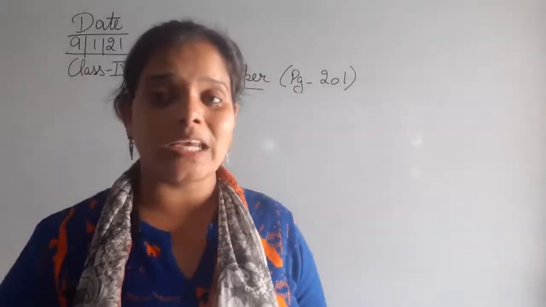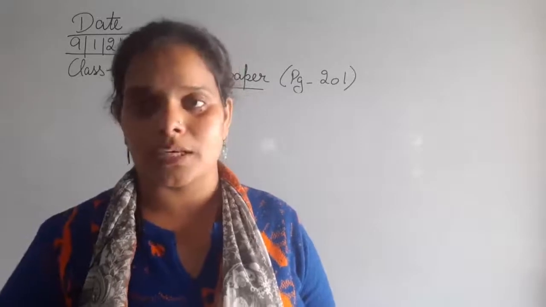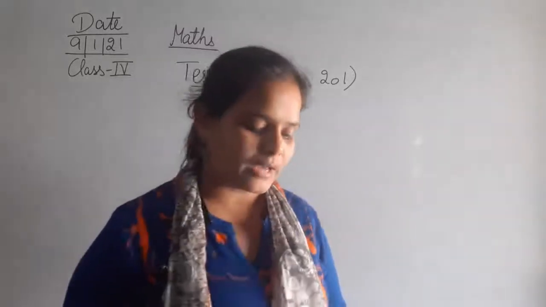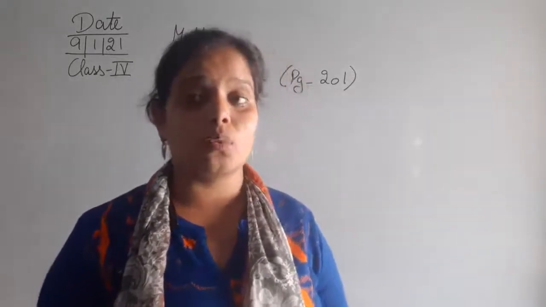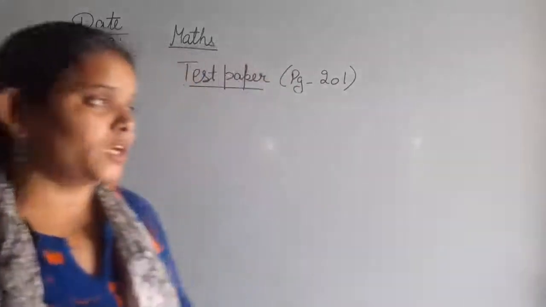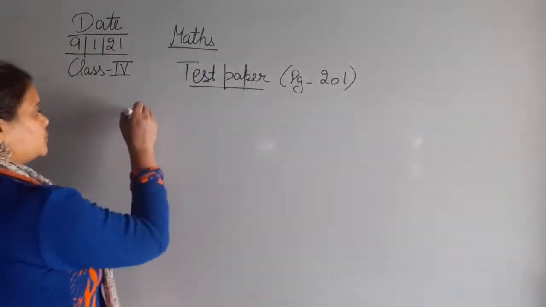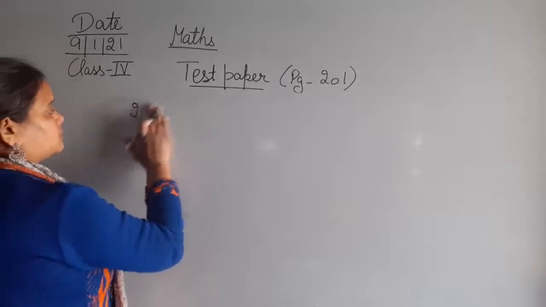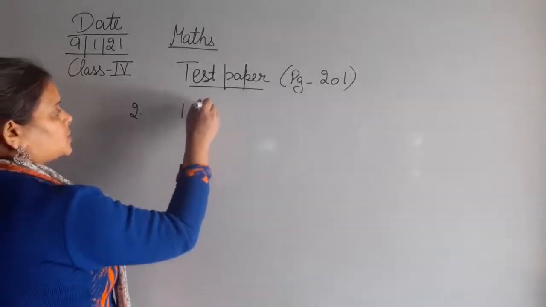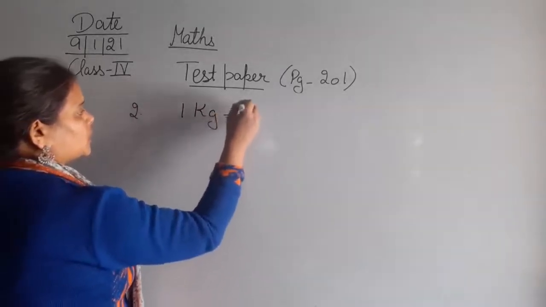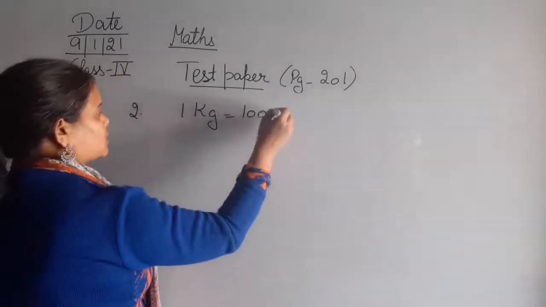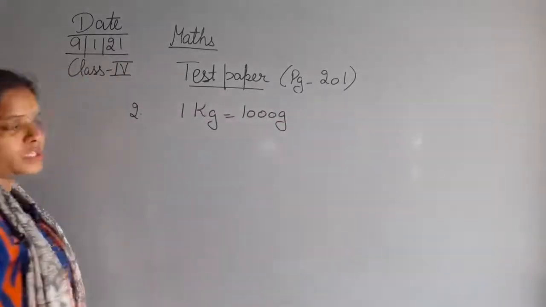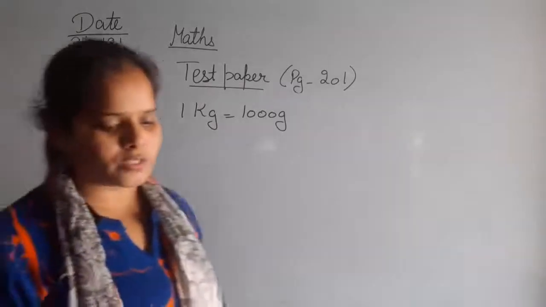So 1/8 kg में कितने grams हैं? Okay, so we have to find how many grams are there in 1 kg. Okay, so question number 2, 1 kg is equal to 1000 grams.